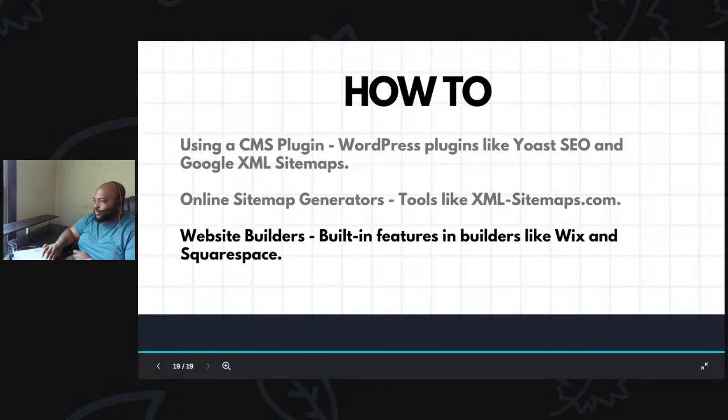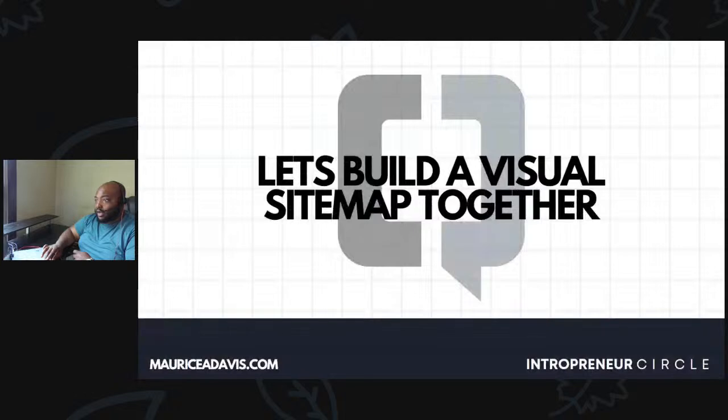Since we have gone through the basics of sitemaps, let's go ahead and build a sitemap together. I'm going to show you some of this content and some of the things that we talked about before. Give me 1 second. I'm going to stop sharing for just a second, and then I'm going to pull up the other pages that we want to look at together.